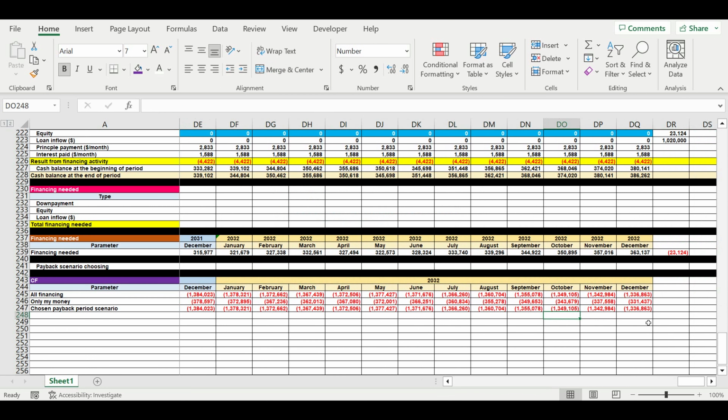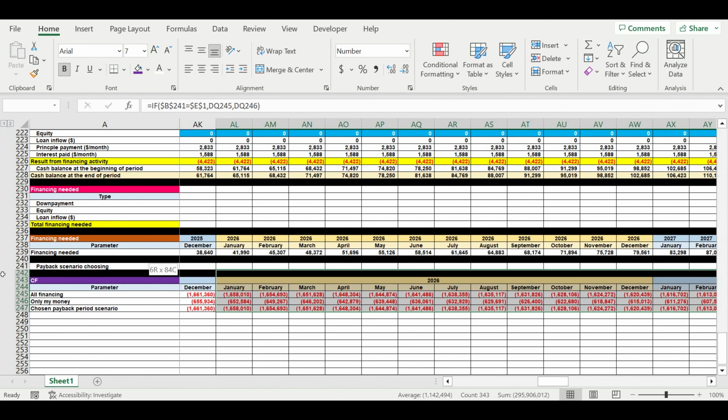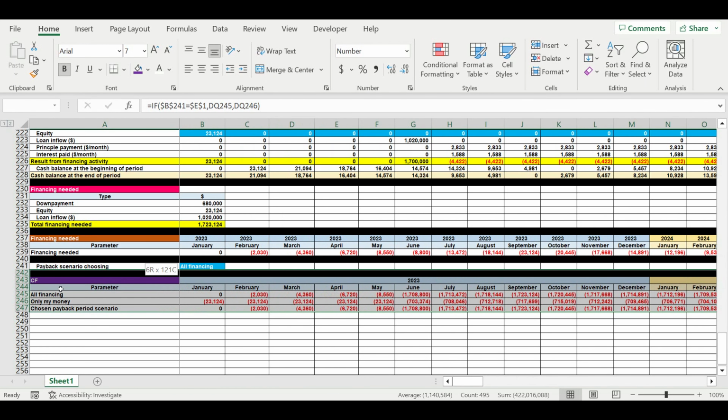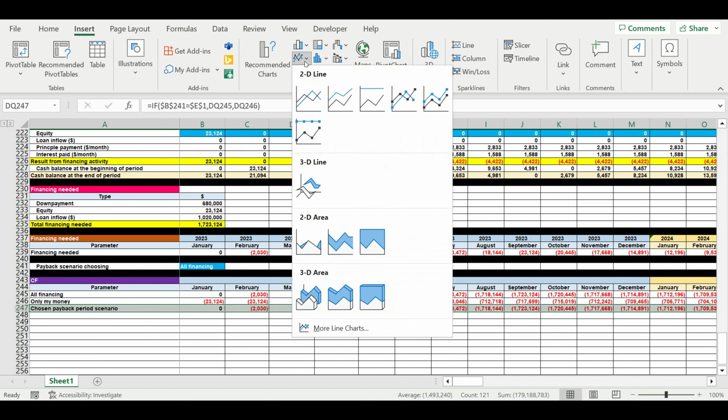So now we are taking the line with the chosen scenario. We will insert a diagram.